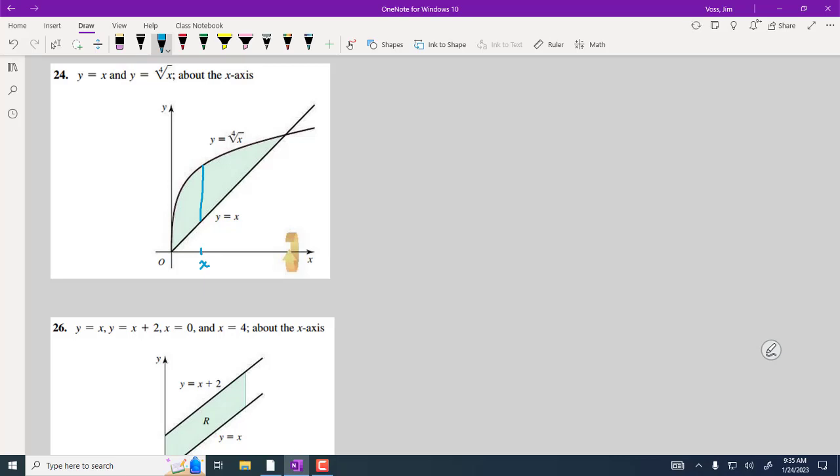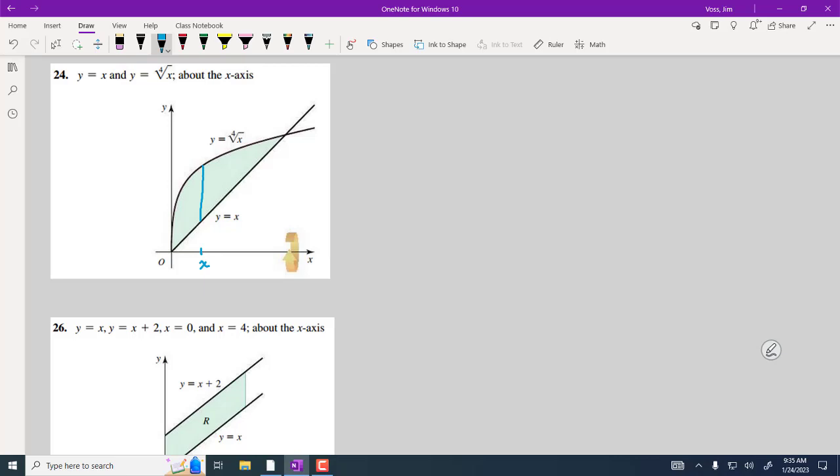All right, so we cannot use a horizontal element if our goal is to create cross-sectional washers. If our integration element was horizontal and we were rotating about the x-axis, this would not create a cross-sectional washer. This is going to create something that we are going to refer to as a cylindrical shell, which we will do later today. If we want a washer, the integration element has to be perpendicular to the axis of rotation.